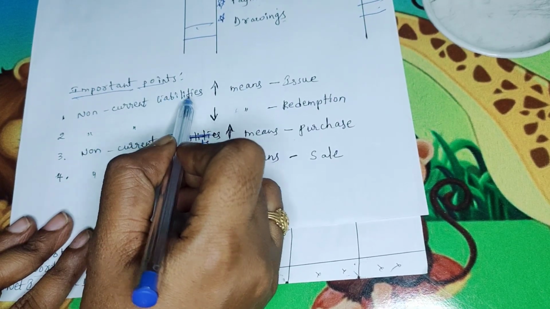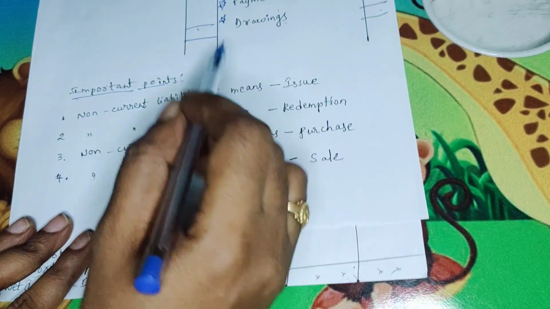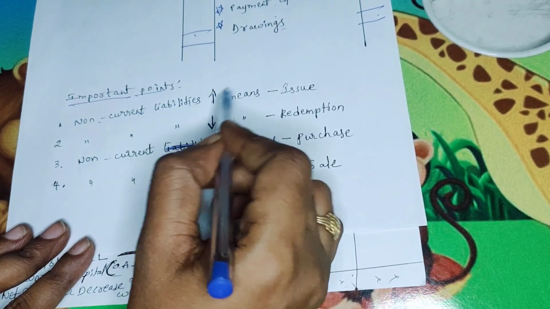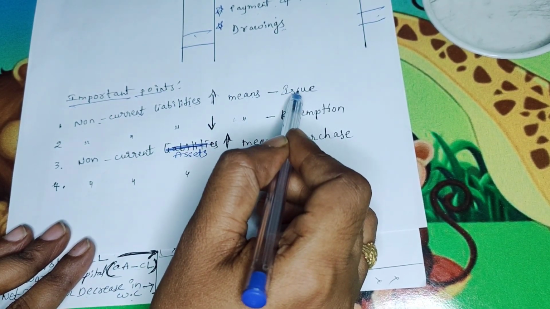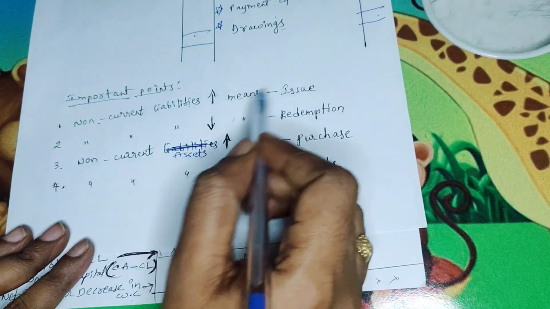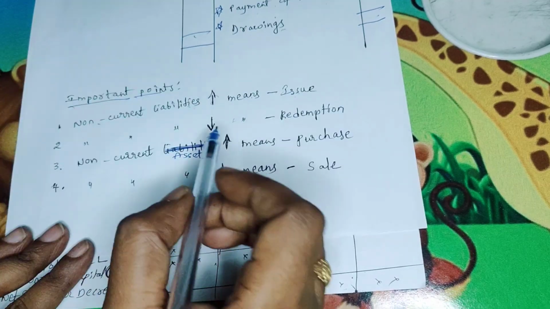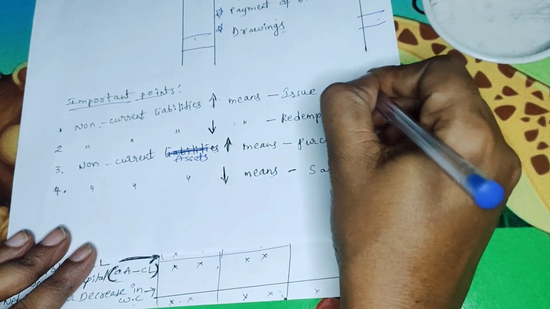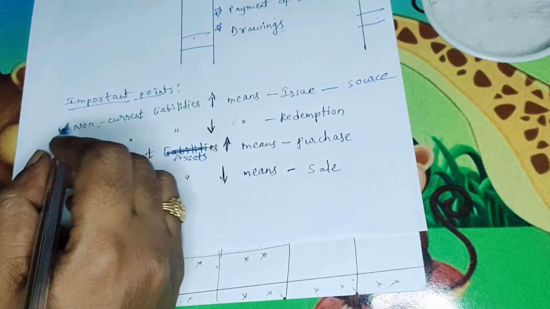Non-current liabilities, except current liabilities, non-current liabilities we are taking here. If non-current liabilities are increasing, it means issue. So if it is an increase of capital, that is issue of capital. Increase of debentures means issue of debentures, that will come under source. If it is issue, that will come under source.